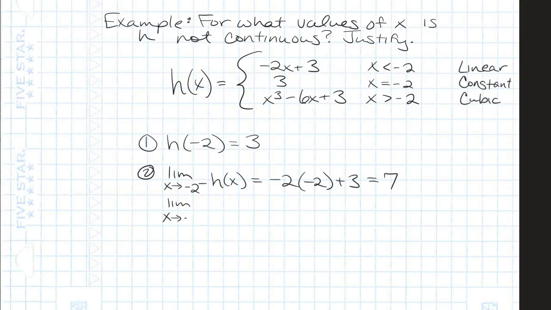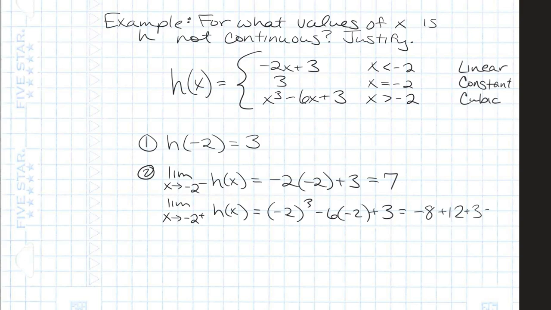Then I take -2 and plug it into the right side of this equation as we're approaching from the right. Is that top, middle, or bottom? Bottom, because we want bigger than -2. So that means I'm plugging -2 into this cubic function. -2 times -2 times -2 is -8. -6 times -2 is +12.